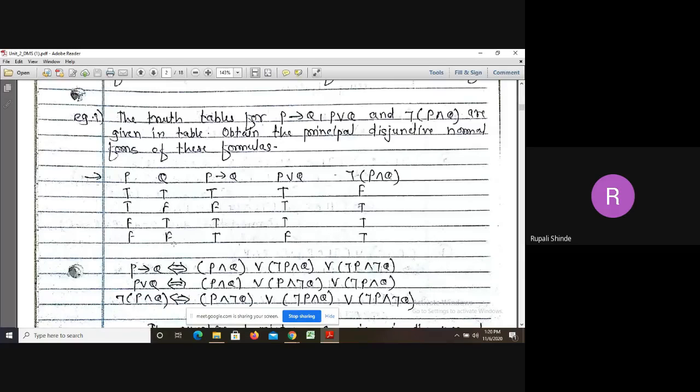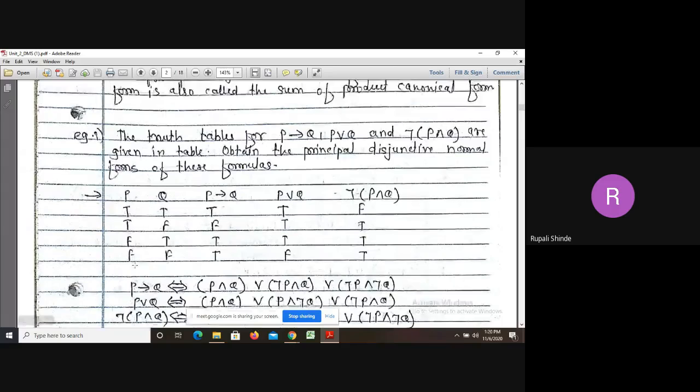If both the values are F, then we have to take negation of both the variables as negation P and negation Q. So here we have found three minterms. Now we have to connect all these minterms by OR symbol. So check here. In between these minterms, we have written OR symbol. So this is sum of product canonical form or PDNF for given expression.